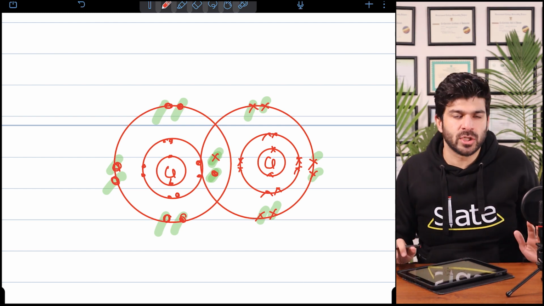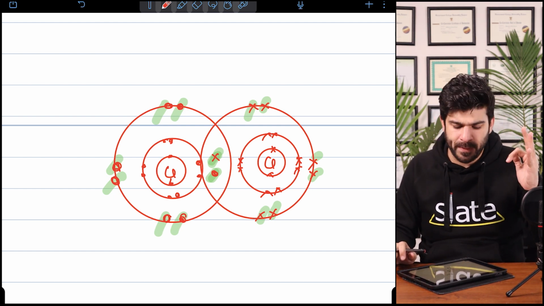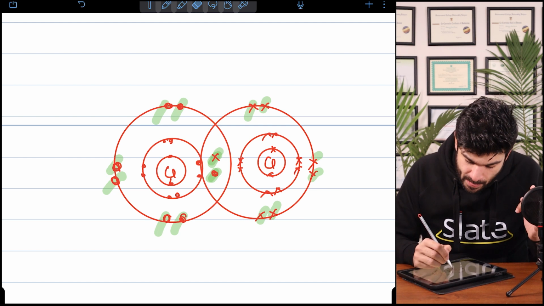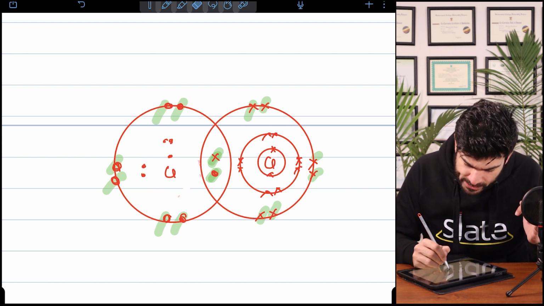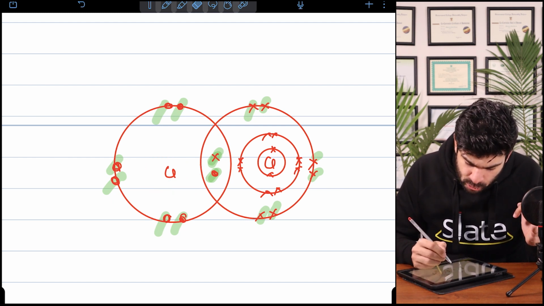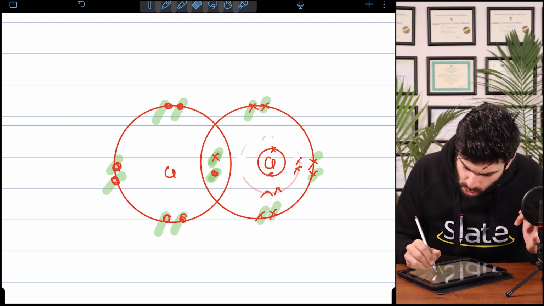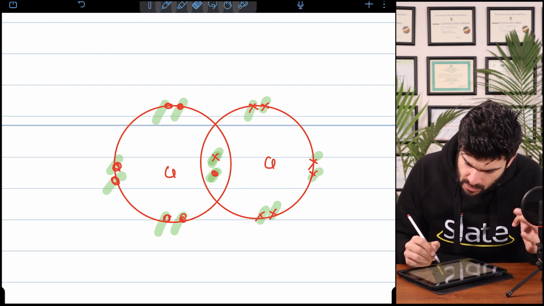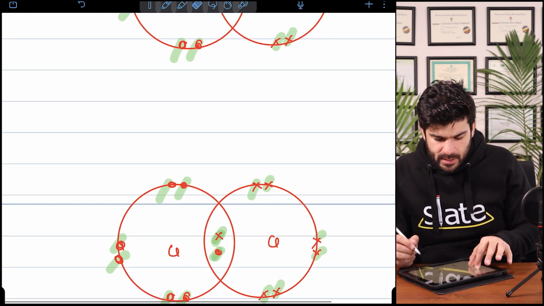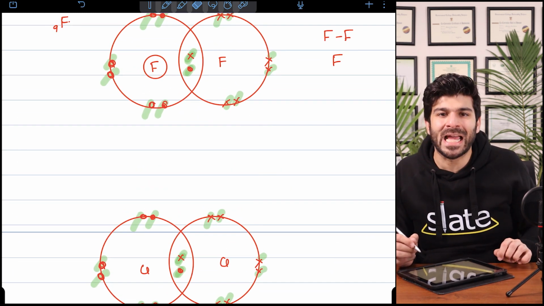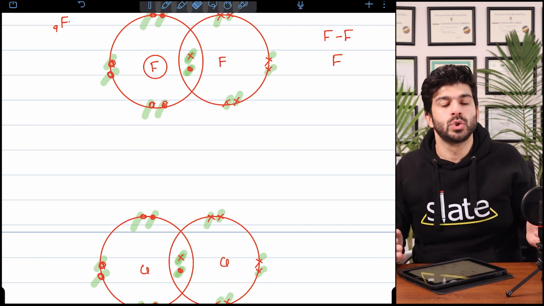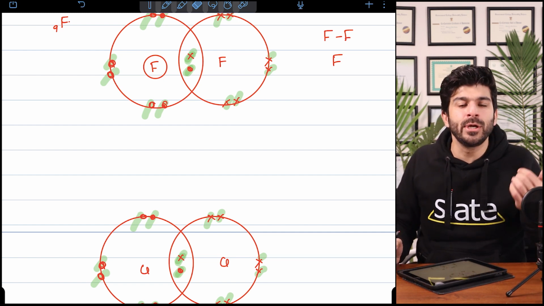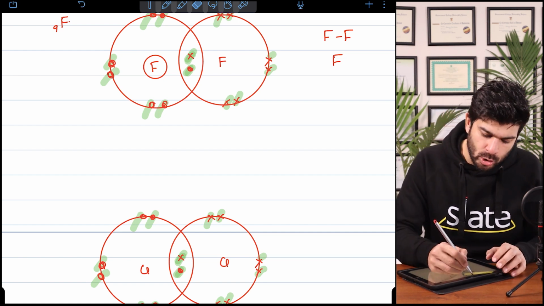That's the electronic configuration of chlorine, 3 shells, because third period. But as I said, for covalent compounds, no need to show the innermost shells. So the chlorine molecule looks exactly like fluorine, though it has more shells. But all you need to do is show the outermost shells.